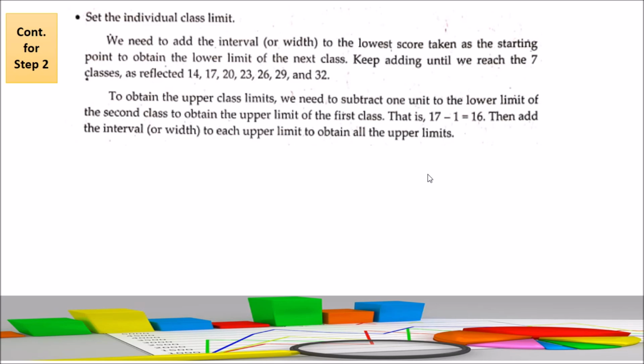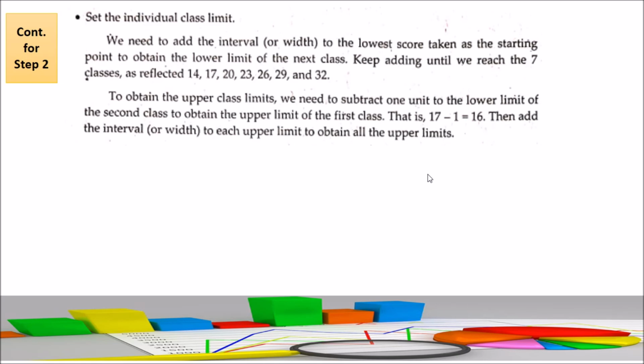So 14, 17, 20, 23, 26, 29, 32, and that's it. We end at 32 since this is only the 7th class.